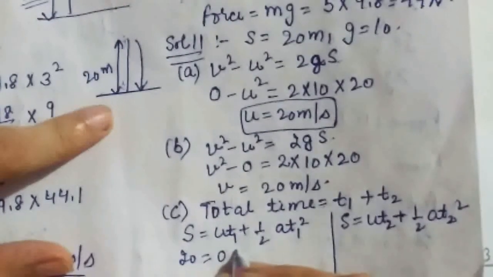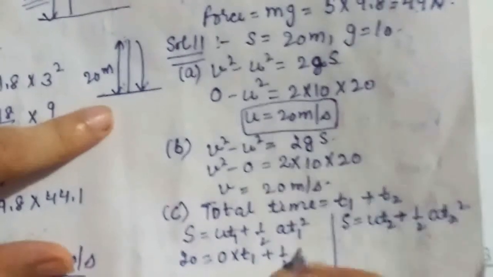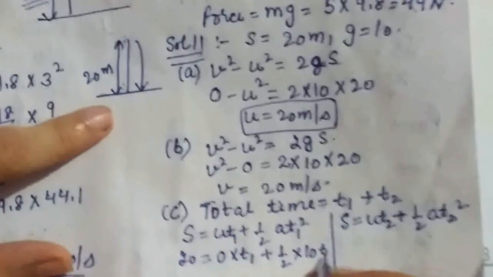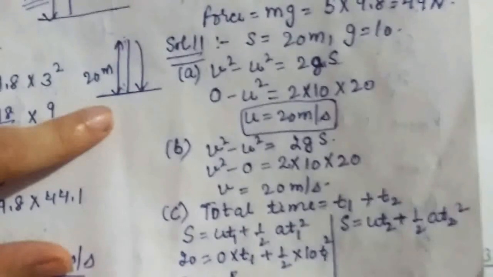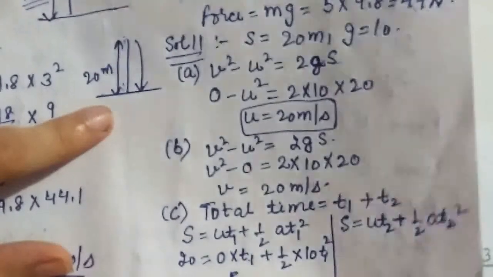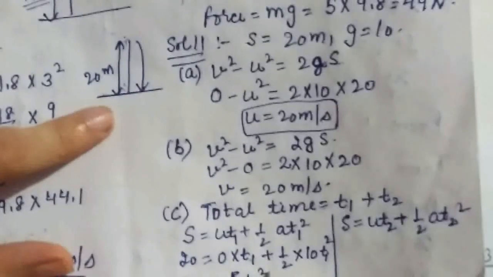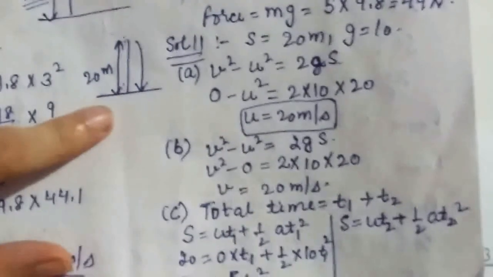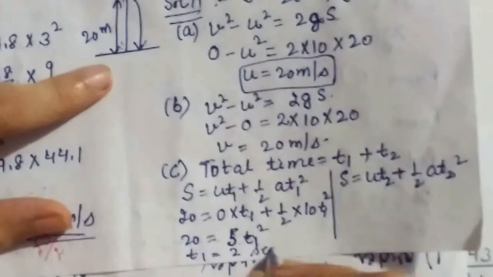Plus half a is 10 into T1 square. This becomes 0. 20 is equal to 5 T1 square. Now by calculating this, T1 becomes 2 second.